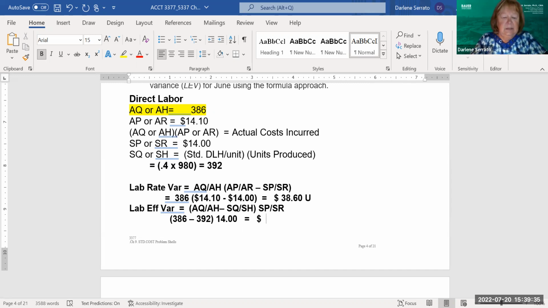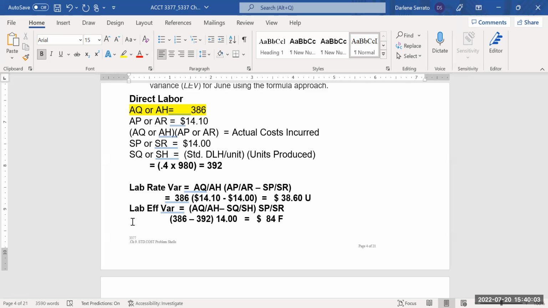So 6 times 14 is $84. Favorable or unfavorable? Favorable, because actual was less than standard.